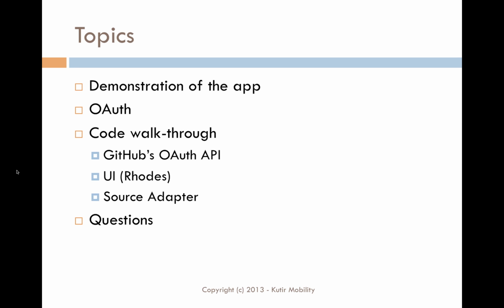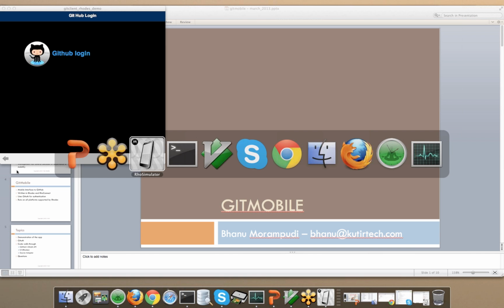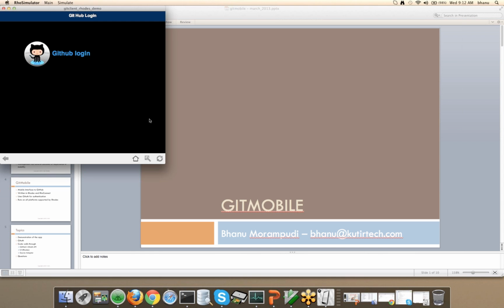So let me begin the demonstration of the app. So I'm going to be using the Rho simulator. So the first thing that happens when you launch the application is you are asked to log into GitHub.